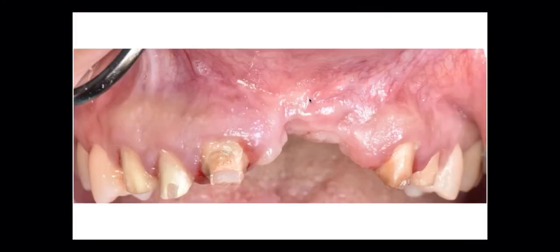Okay, and normally we wanted to extract number 11 also, because number 11 had an infection and a very small root, so we had to remove it.